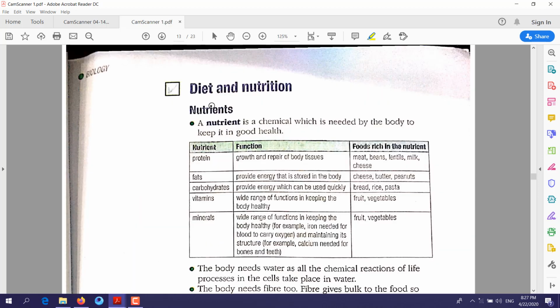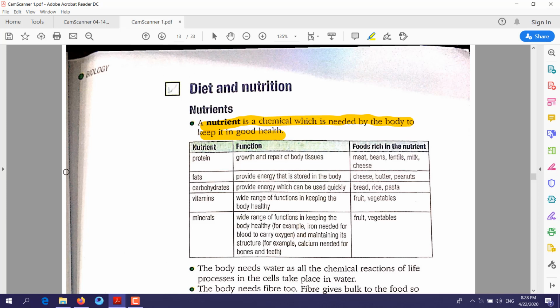Diet and nutrition. Nutrients. What do you mean by nutrients? A nutrient is a chemical which is needed by the body to keep it in good health. We have different types of nutrients. When you eat any kind of food, this food consists of many nutrients.